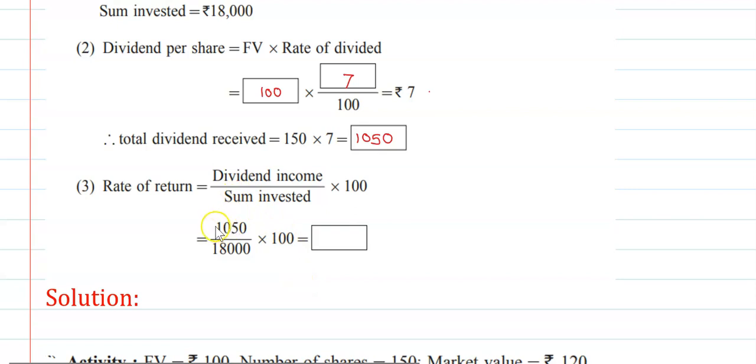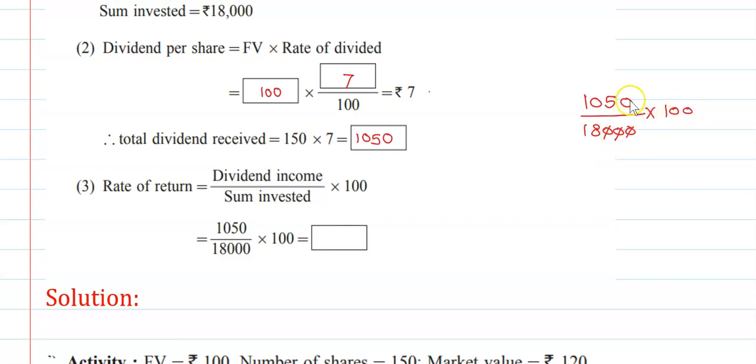Therefore here 1050 upon 18,000 into 100. And if we simplify this, then you will get 1050 upon 18,000 into 100.